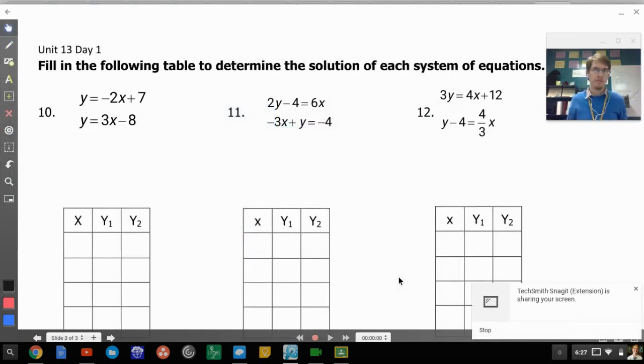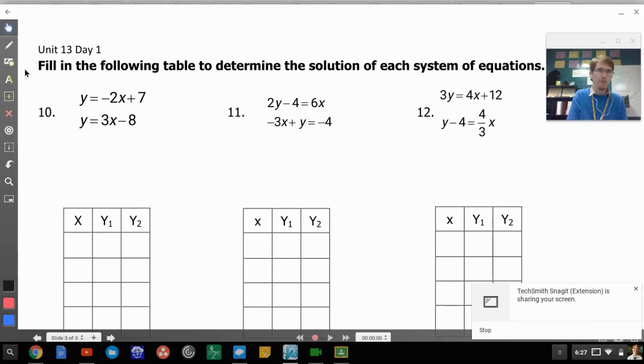Continuing where we left off, fill in the following tables to determine the solution of each system of equations. Okay, so on number 10 we have these two equations. They're already in slope-intercept form, so we can just go ahead and graph those the way they are.